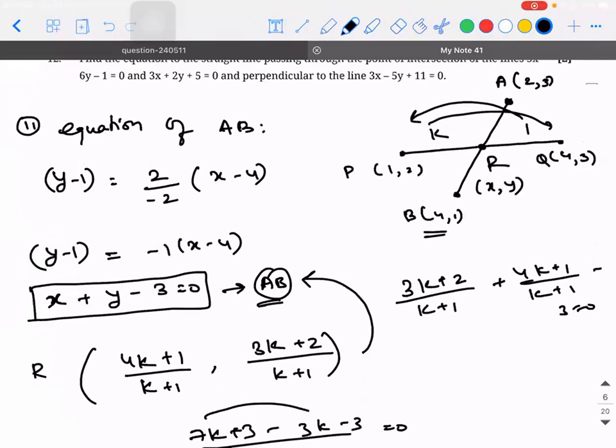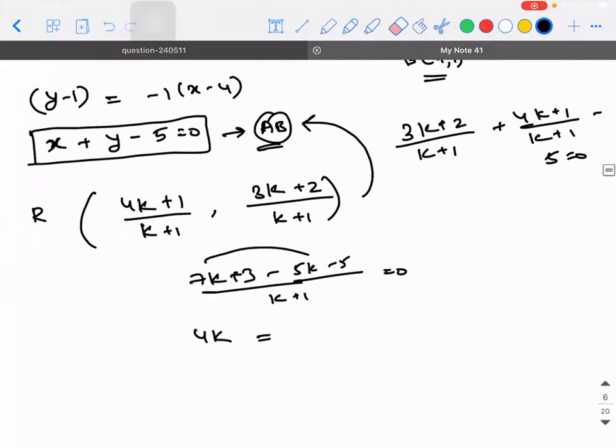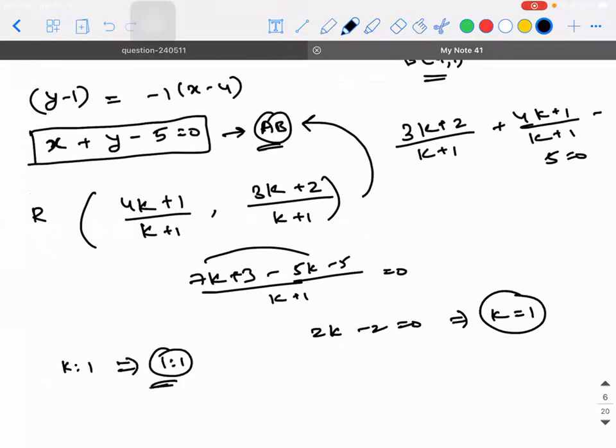So y minus 1 is minus 1 times x minus 4, giving x plus y minus 5 equals 0. Substituting, 5k minus 5 minus 3k minus 3 gives 2k minus 2 is equal to 0, which implies k is equal to 1. So the answer is k is to 1, which is nothing but 1 is to 1. That's the answer.